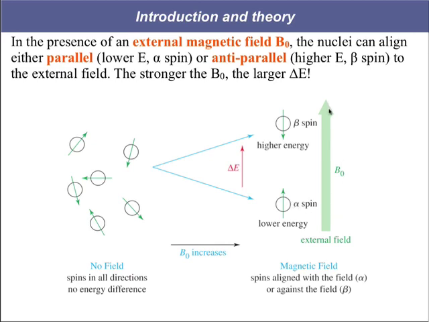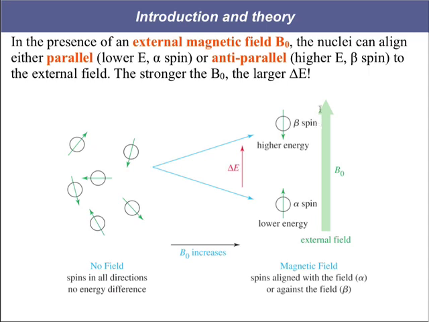If you think about that, that should make sense. If we have a very, very, very strong magnetic field, then the alpha spin state is going to be very happy because it gets to align with a very strong magnetic field. Conversely, the beta spin state will be very unhappy because it is aligned against a very strong magnetic field.